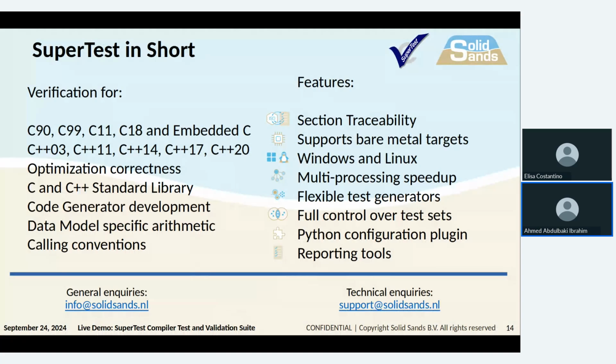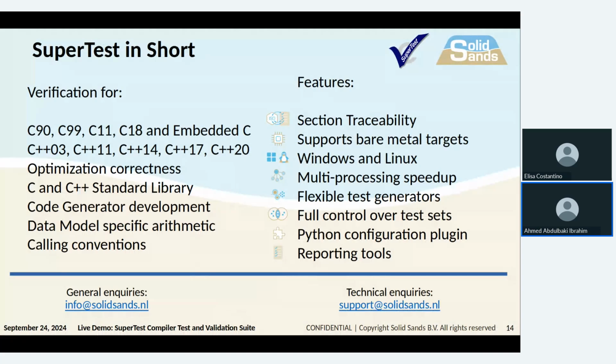But for a cross compiler, you might need to flash and reset the embedded target for every test, as you have seen in the run test plugin, which took place in the demonstration. And that would typically be a challenge that would largely influence how long running SuperTest would take.